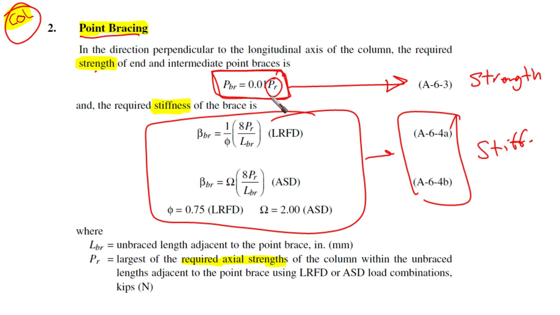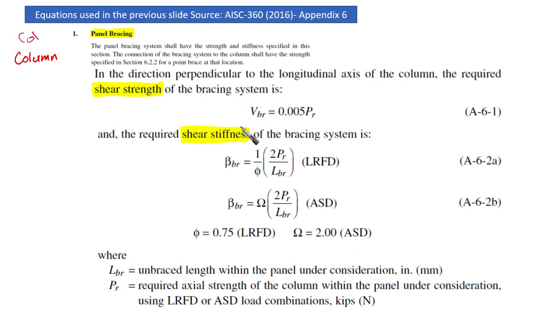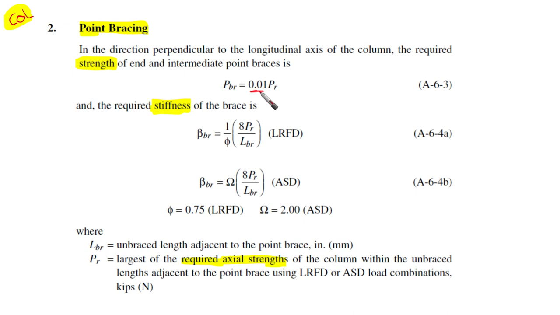We know what PR is, the required axial strength, 0.01 in this case. It is larger than before. Here it is 0.005, here it is 0.01, it is double. For point bracing, the required strength is double that of the panel bracing.